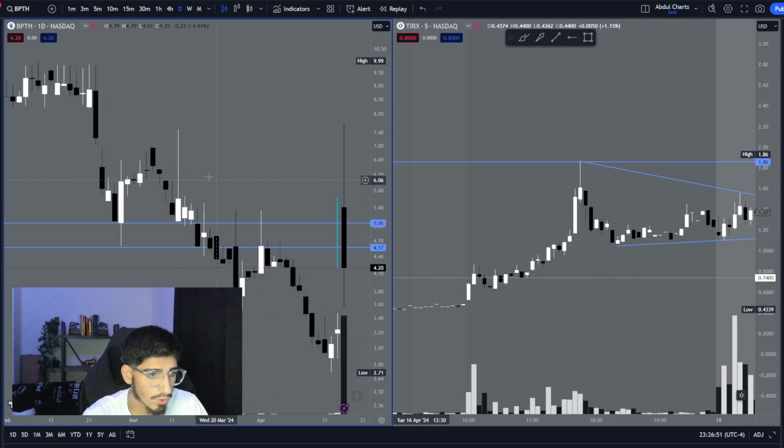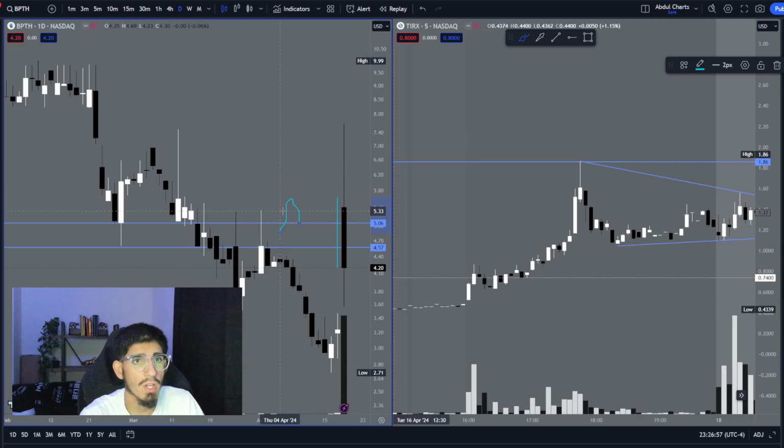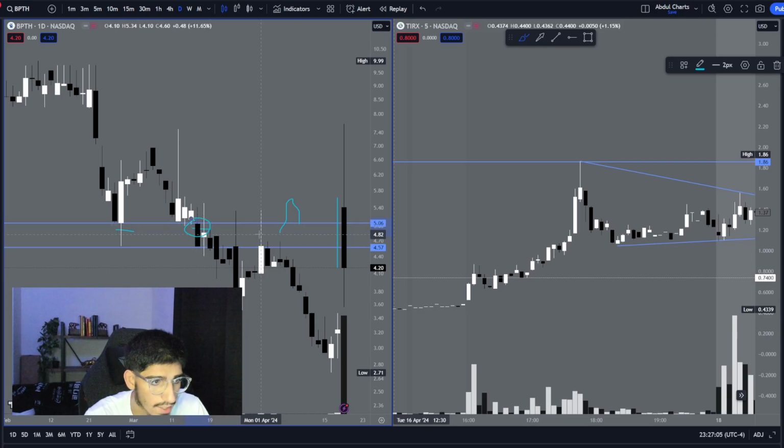Now what we want to see is a break over 506 and pull back into it. What's happening here is that we have old demand and old supply, okay? This old supply, after we break out, is going to flip into demand again. So we've already seen that we've held 457.